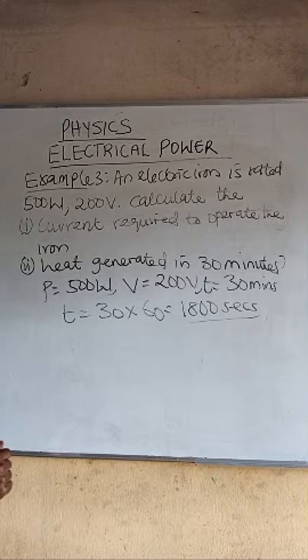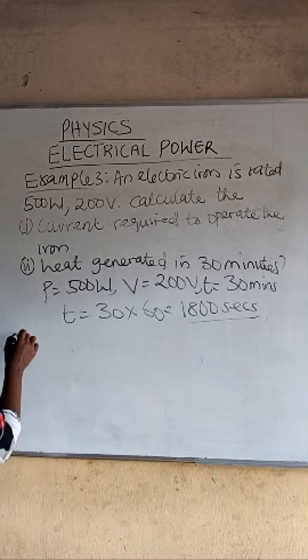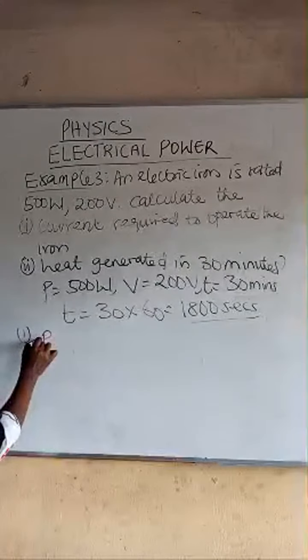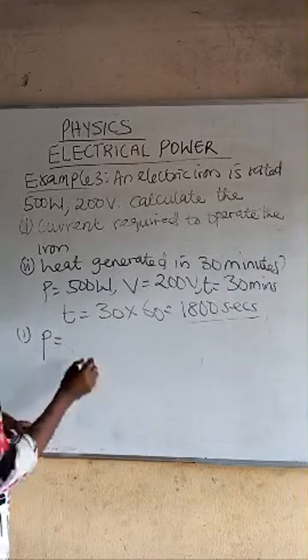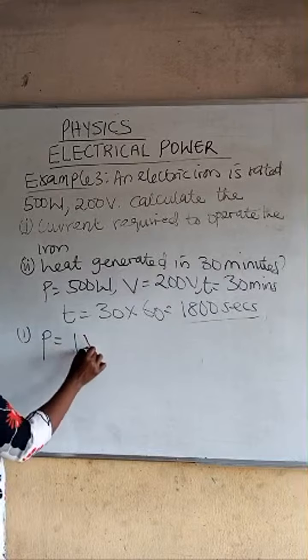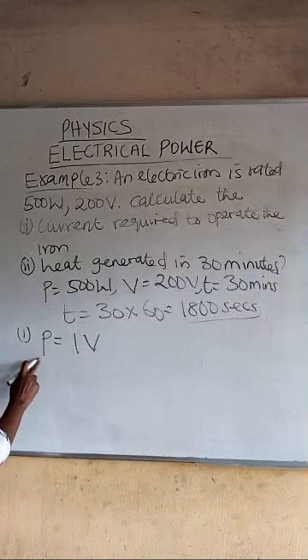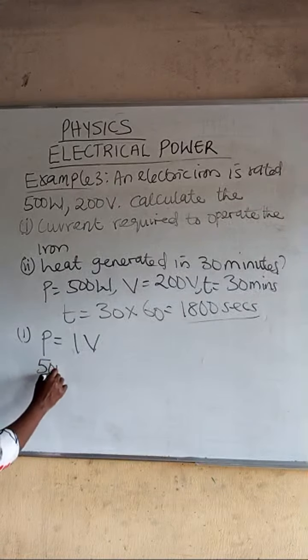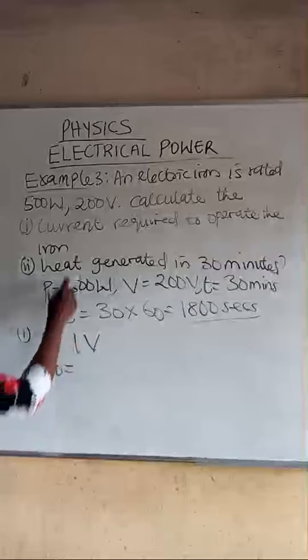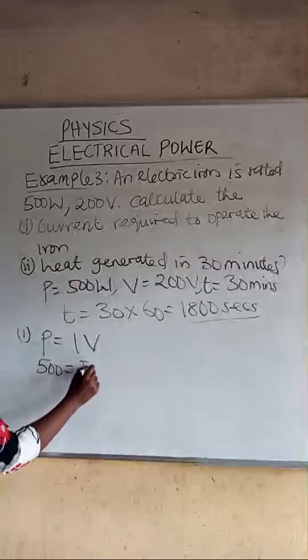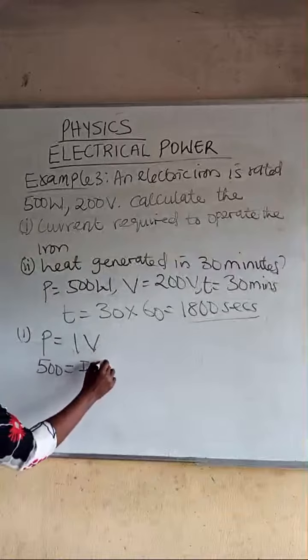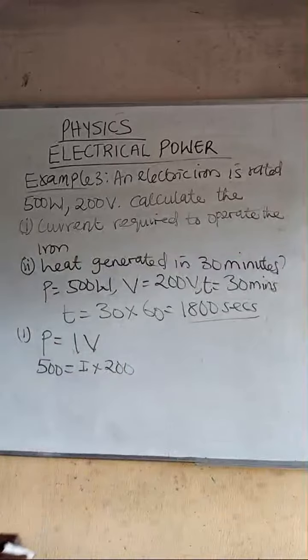Then for me to get the current, the first thing I'm going to use is the formula for power. The one that will fit in what I have is what? P equals IV, okay? Then, P is 500 equals, I'm looking for current, that is I, times potential difference, that is 200.